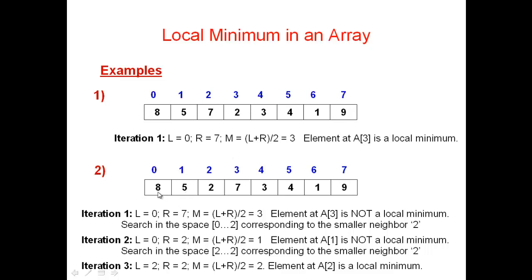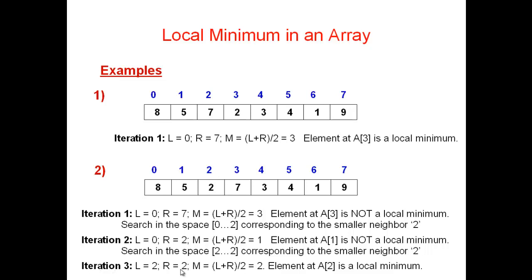So it's time to move the left index to middle index plus 1, because the value at middle index cannot be the local minimum. Only the value to its right could be the local minimum. So we move the left index to the right and set it to be middle index plus 1. Middle index is 1, so left index is now middle index plus 1, which is 2. Right index is also 2.